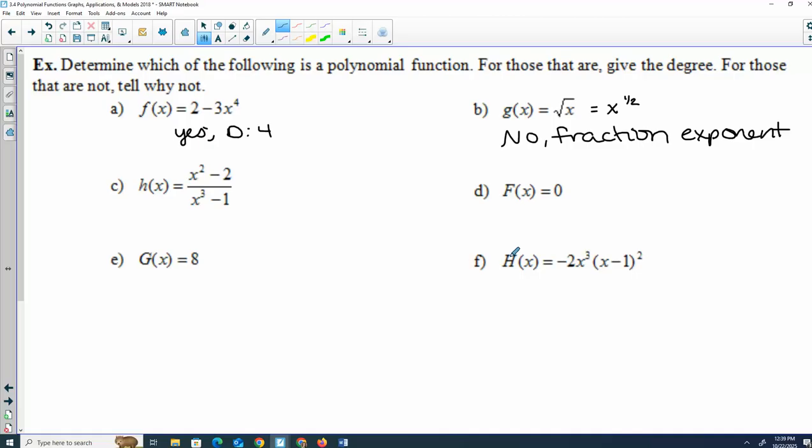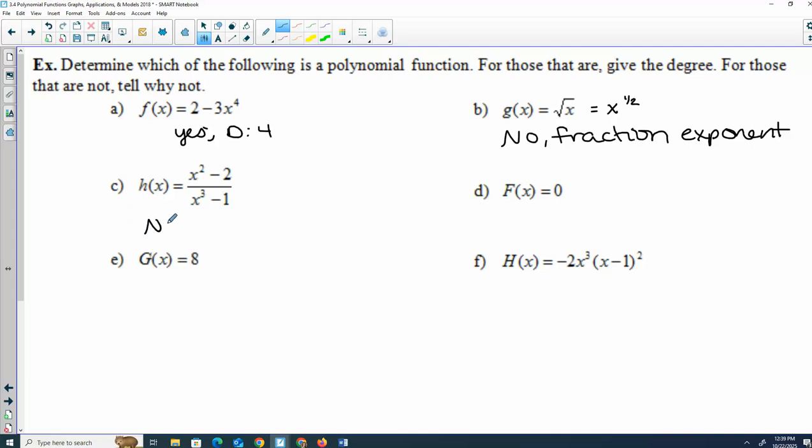Is C a polynomial? It's a division of two polynomials, but the whole thing is not.